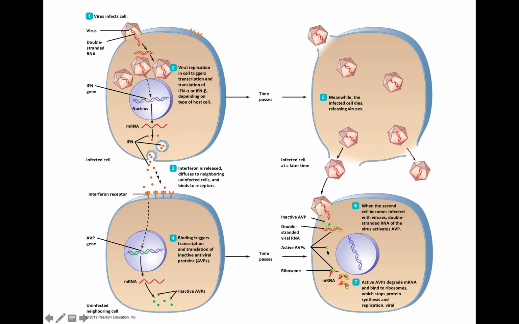Now as time passes, as this virus infects this cell that has the antiviral proteins, these antiviral proteins are able to degrade messenger RNA and bind to ribosomes to prevent that viral infection from persisting. So I like to consider interferon as basically a warning signal to the neighboring cells.